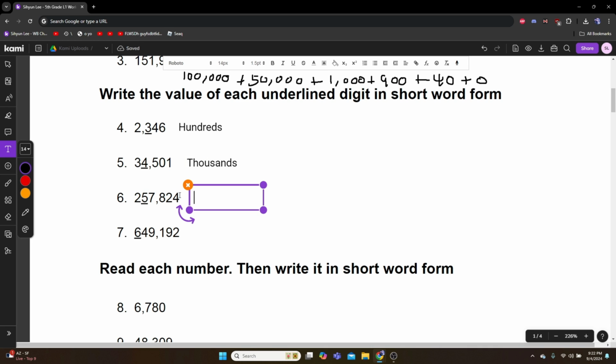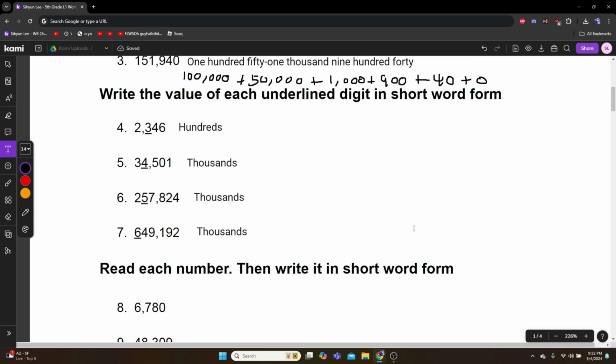Looking at number 6, this goes into the ones, tens, hundreds, thousands, and although it's in another place, it is still in the thousands, as this whole area is the thousands. So it would just be thousands. So once again, ones, tens, hundreds, and then we see that it's still in the thousands, so this is also thousands.